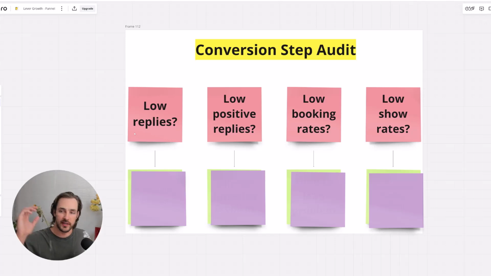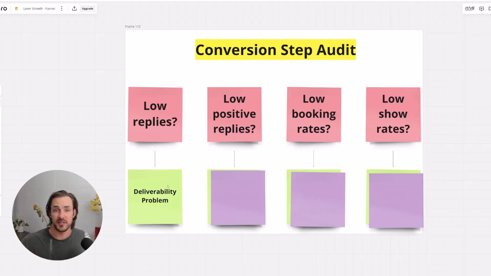Okay, so let's look at each step and how you would actually audit it and what you would do instead. If your replies are low, so this means you're getting below a 1% reply rate, you basically have a deliverability problem. What that means is your messages are not actually getting into the inbox. You're having problems actually getting people to read your message.